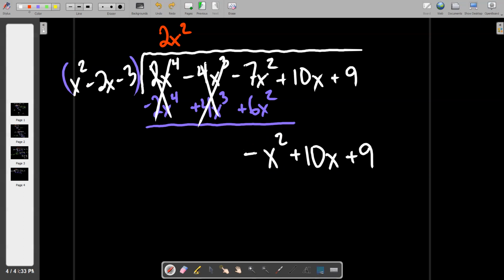Not 1. So watch, just negative 1. I don't even need any more x's. We're so used to up here in our quotient having our first one be x to the second, and then our next one is x to the 1, and then our last one is just a number. In this case, I actually bypassed an entire part of my answer.